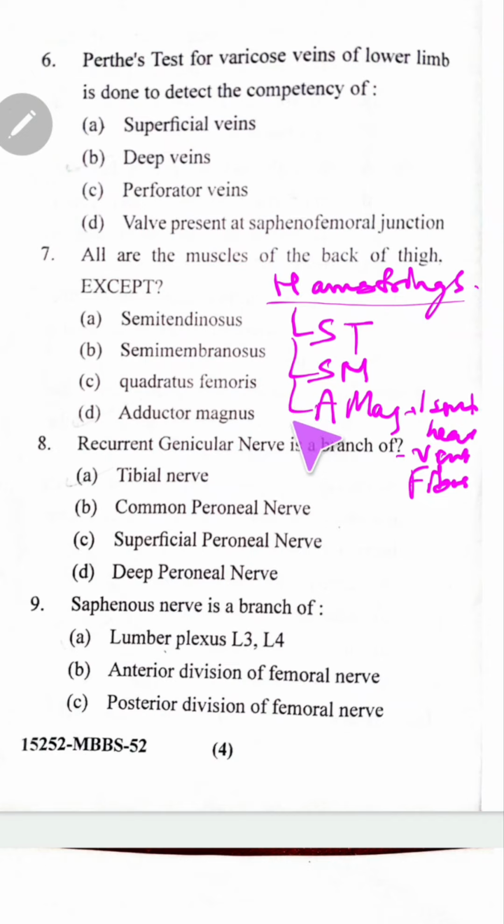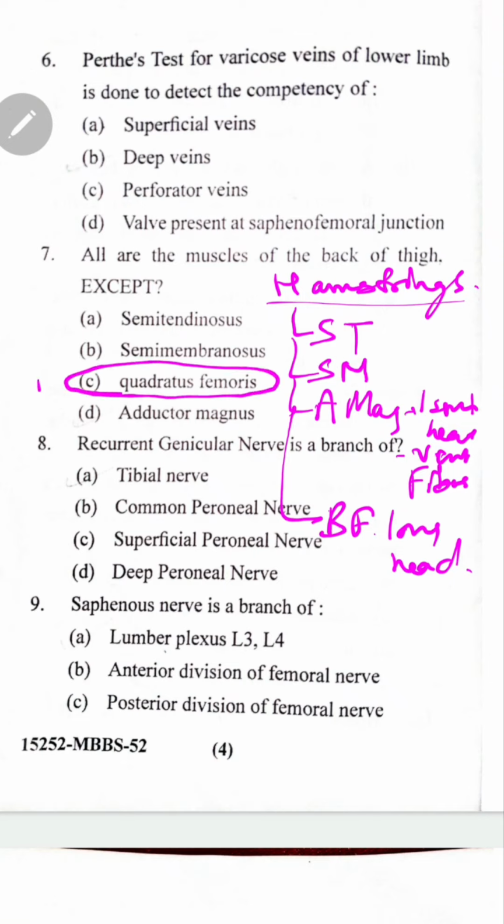This is the hamstring, and you have biceps femoris, long head. Only these are the 4 muscles which are hamstrings. So among these, quadratus femoris, remember, is a muscle of the gluteal region. So the answer to 7th is C.